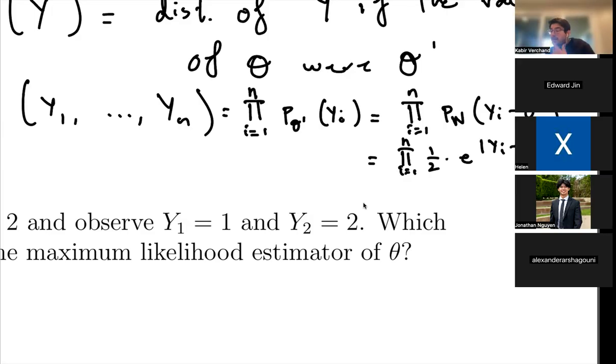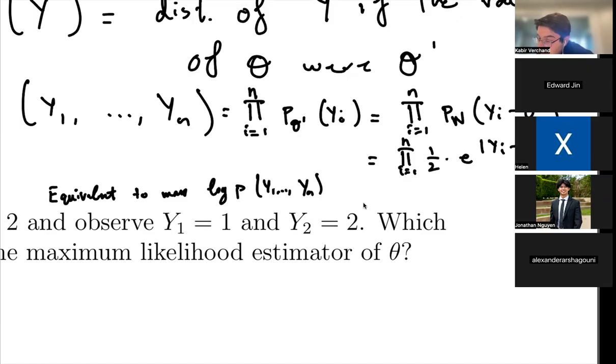Okay, now we're almost done. We want to remember, maximize this expression in theta prime. In order to maximize this expression in theta prime, it's equivalent to maximize the log. This is because the logarithm is an increasing function.